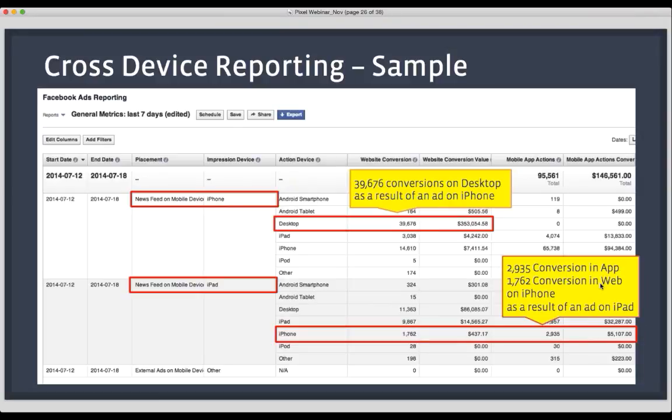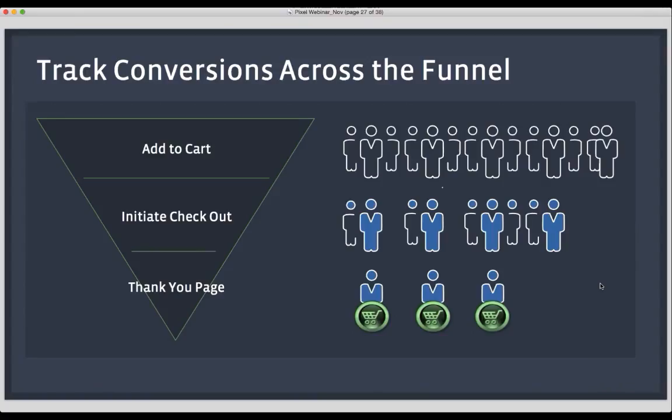So you're able to track that full funnel and what's happening on different devices. That's important if you think about things like how you measure and optimize. You may want to measure and optimize your mobile campaigns to drive the most product views possible, but think about your desktop campaigns as something that's going to drive that full conversion event and where you really want to be getting the maximum return on ad spend.